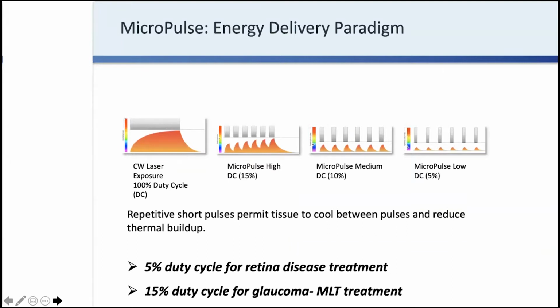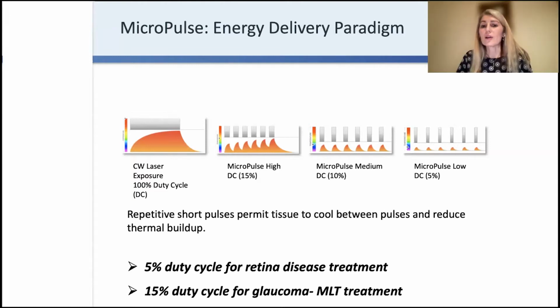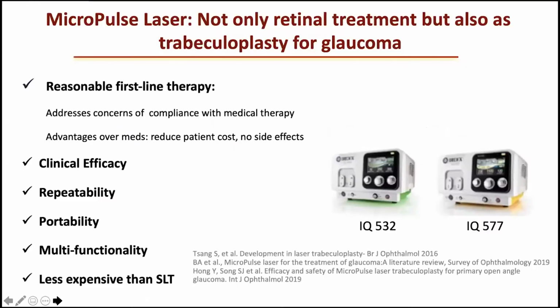When we treat the retina, we usually use the shortest duty cycle, the 5% duty cycle, whereas if we treat the glaucoma patient, so if we perform the trabeculoplasty with the micropulse laser treatment, we can use the 15% duty cycle.